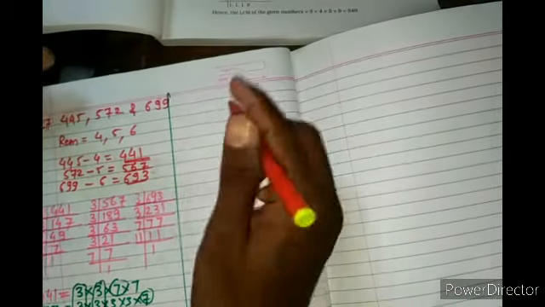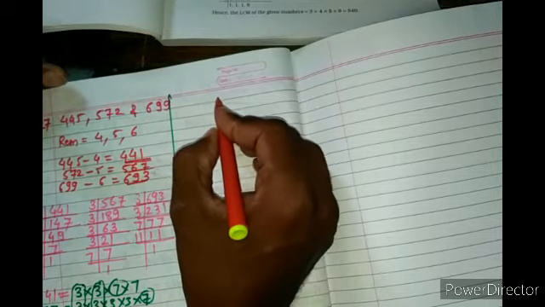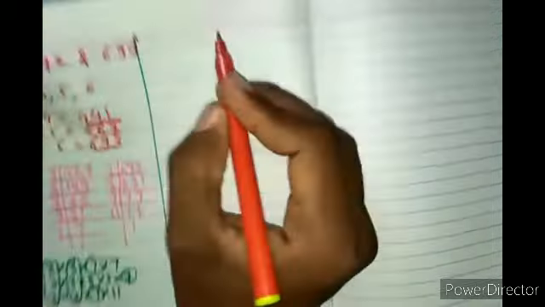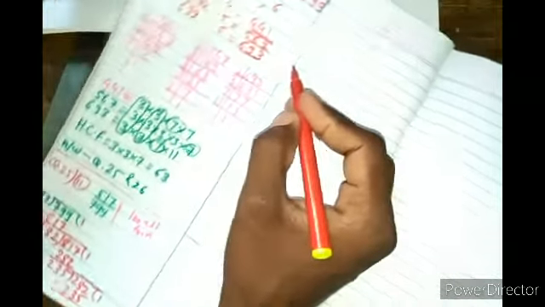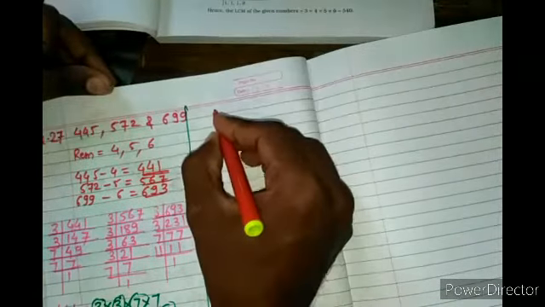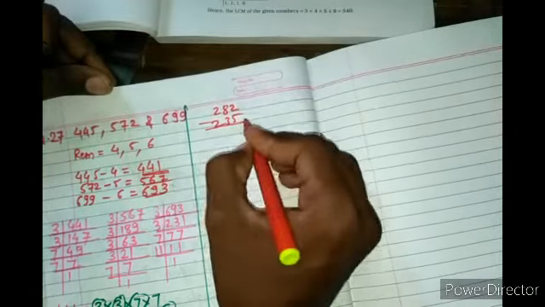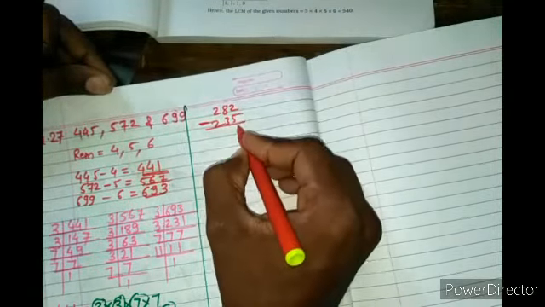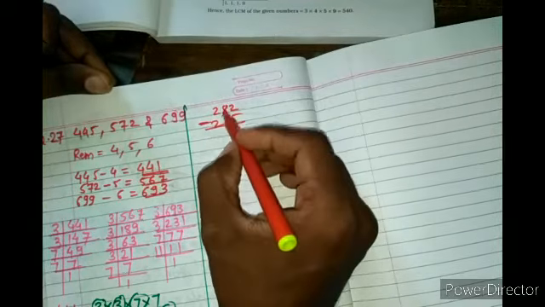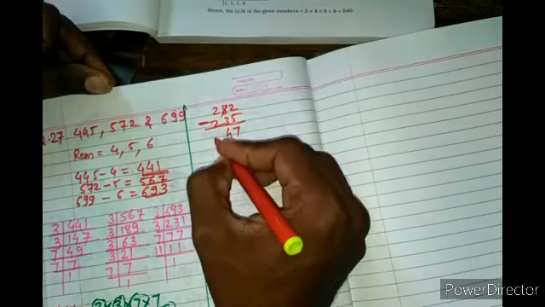Now I am coming to the other side. 12 minus 5, 7. 7 minus 3, 4. And this is 0.